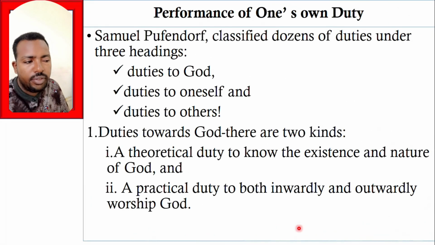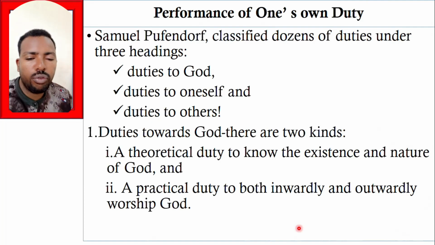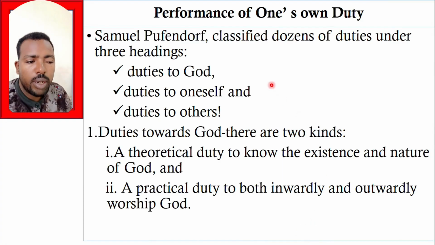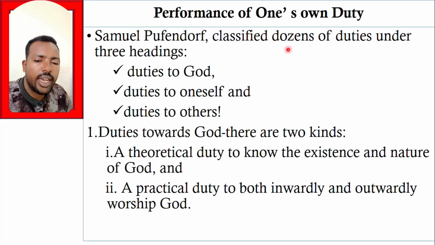From the perspective of performance of one's own duty, because duty is a principle of these deontological ethics, Samuel Pufendorf, a 17th century German philosopher, classified dozens of duties under three headings, under three categories.